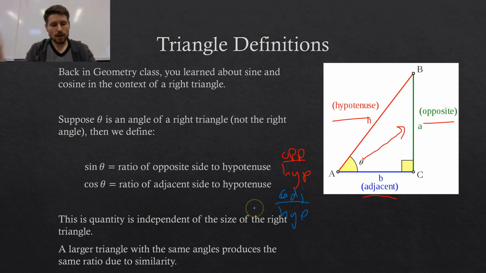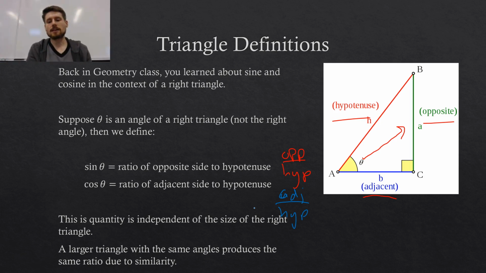A larger triangle with the same angles has the same ratios, because when all the angles are the same, the side lengths are just scaled up. You can grow and shrink your triangle, keeping the angles the same, and those ratios remain the same.